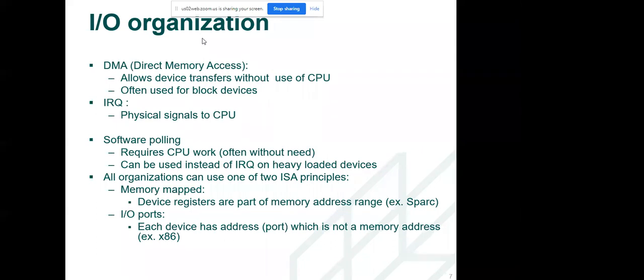That is why, to overcome that problem, we implemented DMA. Like if you want to transfer data from secondary memory, the hard disk, to the RAM, there is no need of CPU. That is direct memory access. Often you use it for block devices. So this memory to memory transfer is for block devices. You don't use it for single devices.